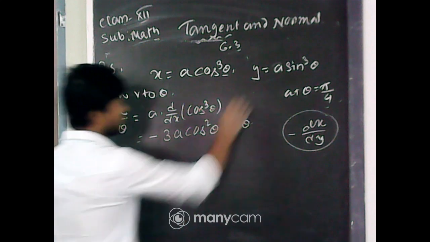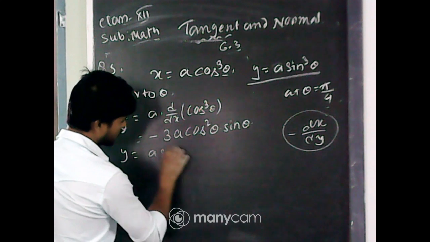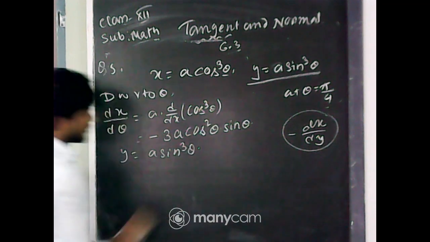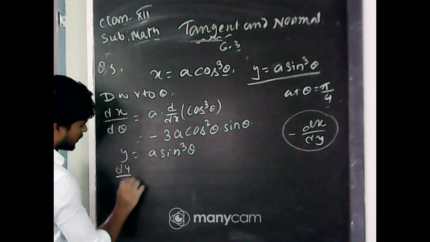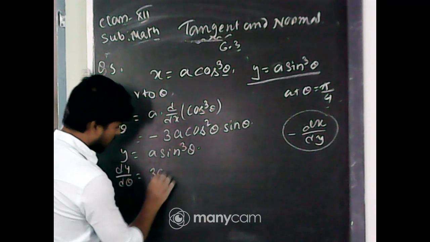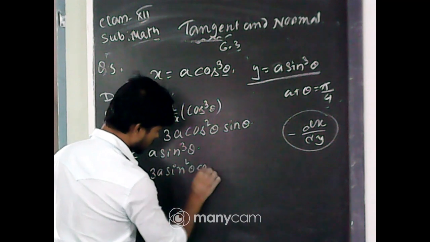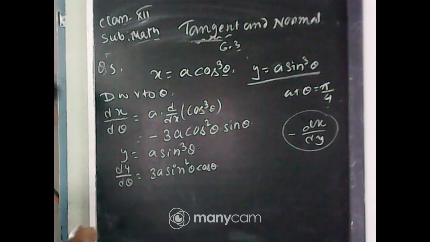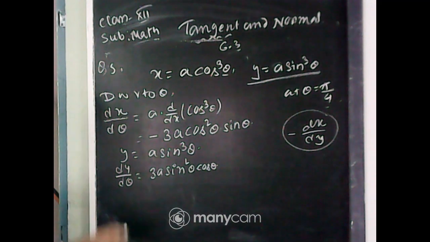Now similarly, from this equation, y equal to a sin cube theta, we have to differentiate it with respect to theta. That means dy d theta will be, if I do it directly, 3a sin square theta cos theta. Now find dx dy by applying chain rule.